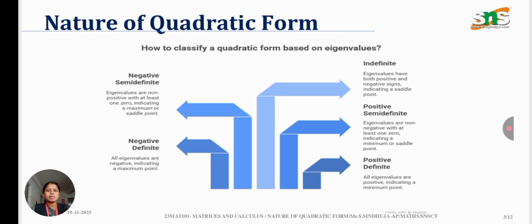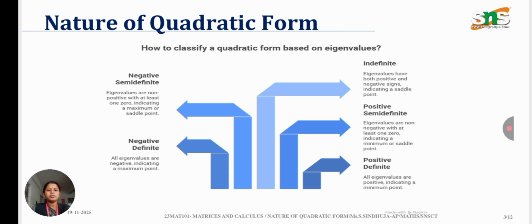So how do we classify a quadratic form based on eigenvalues? We have 5 types of nature: positive definite, negative definite, positive semi-definite, negative semi-definite and indefinite. If all the eigenvalues lambda are greater than 0, then it is positive definite.